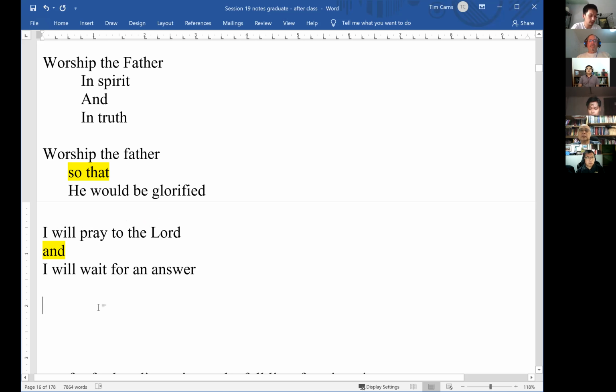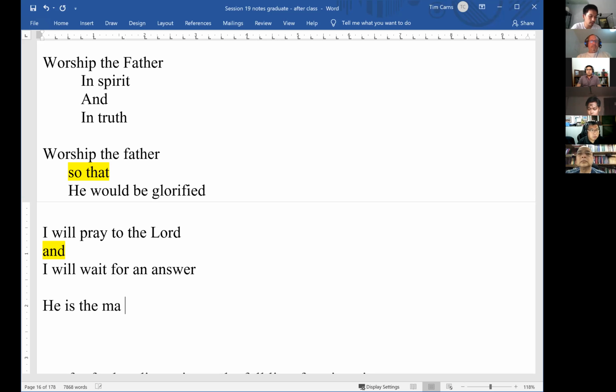The coordinating conjunction can also connect two dependent clauses. For example, he is the man who preaches well and pastors well.